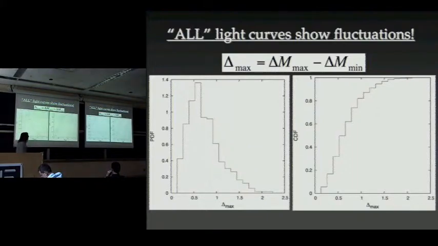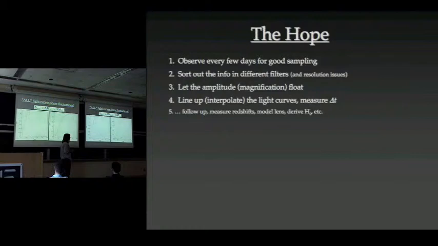To quantify that, we look for the maximum perturbation to the light curve, delta max as we defined it here. This is a probability distribution function and cumulative distribution function. The bottom line is that for 75% or so of the light curves, you expect half a magnitude fluctuations or more, and for about 25% you expect about a magnitude fluctuation or more. So these are definitely observable.